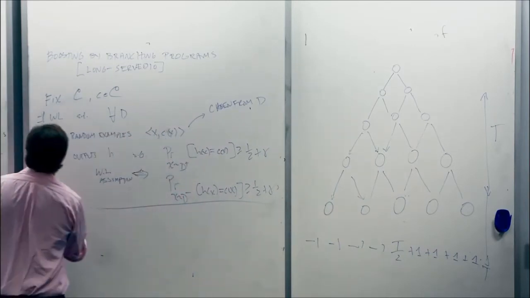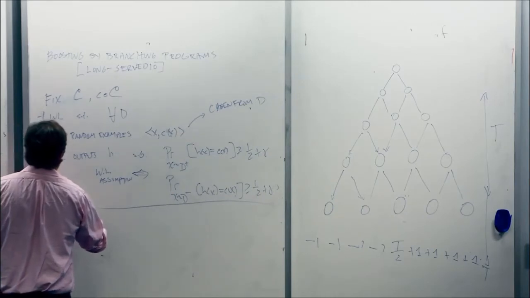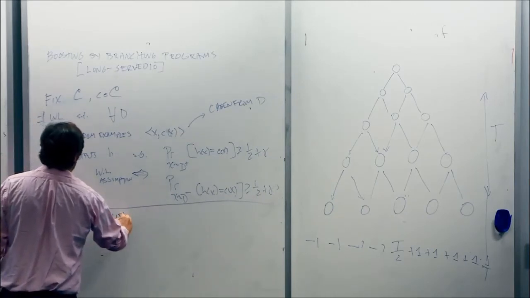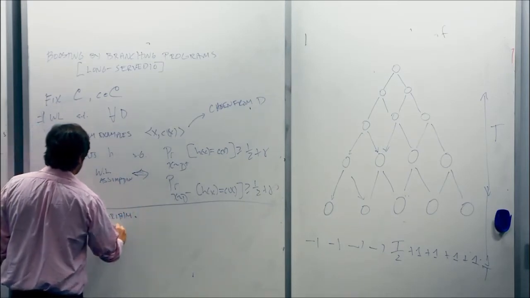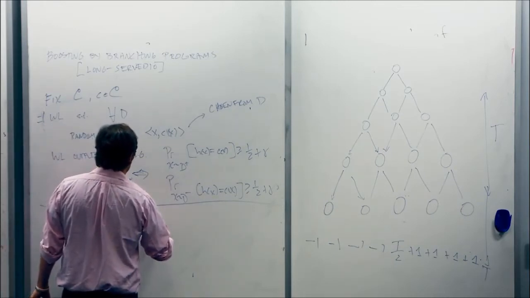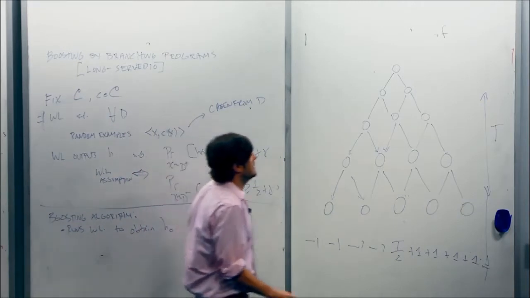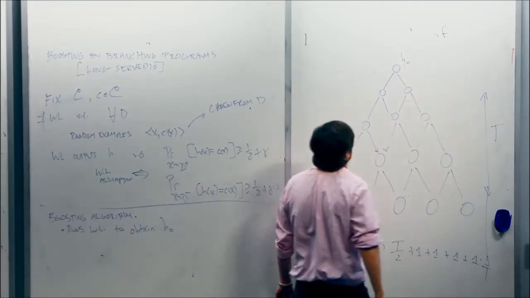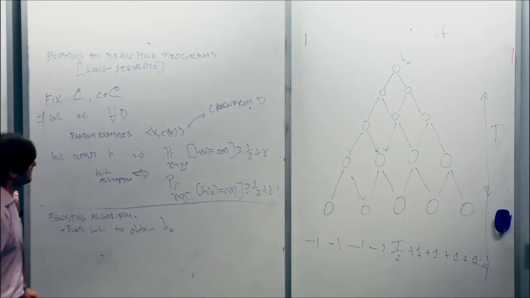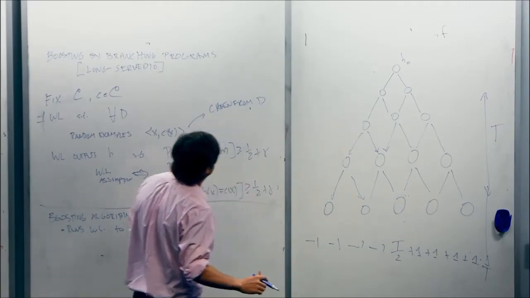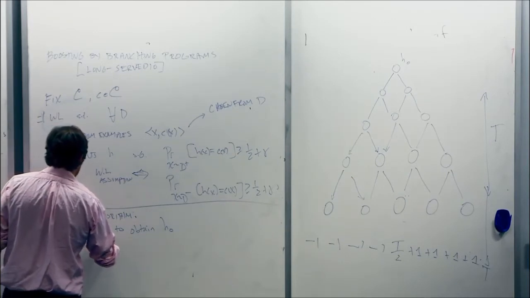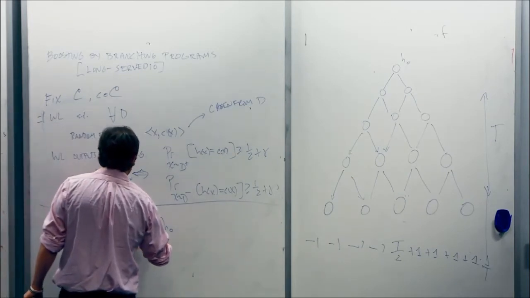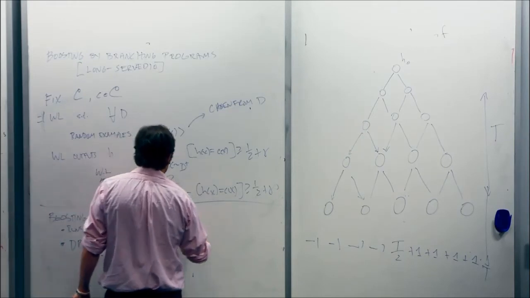So the boosting algorithm works as follows. First, it runs the weak learner to obtain H0, and it places H0 at the root of this branching program. Then it's going to draw a sufficiently large set of new labeled examples.